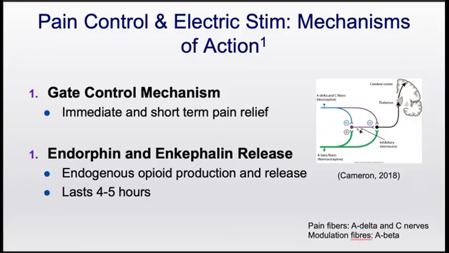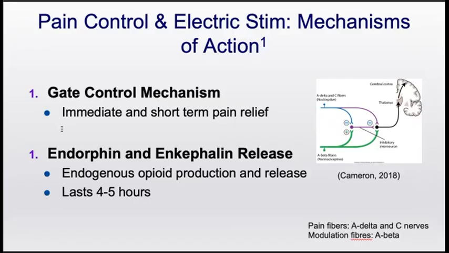If you need a review on how the gate control theory works, please refer back to our lecture on pain and pain mechanisms. The other pain control mechanism of electrical stimulation is endorphin and enkephalin release. These are endogenous opioids that are produced and released in the body.